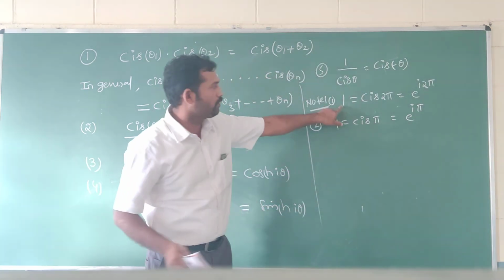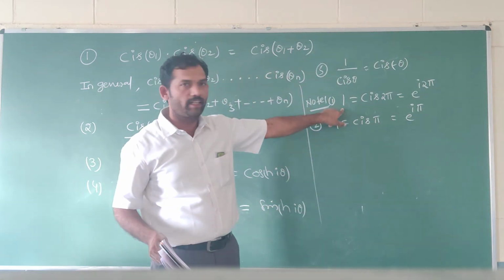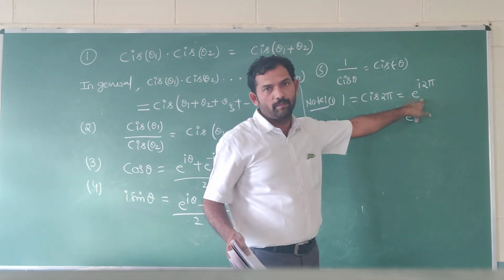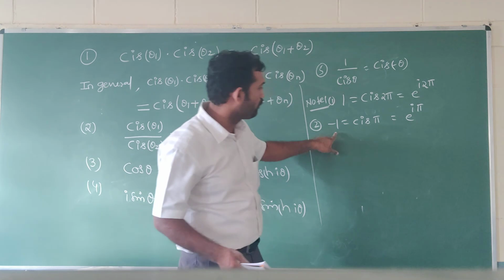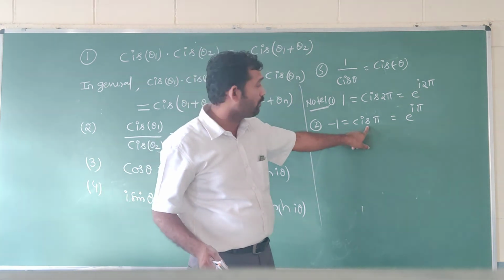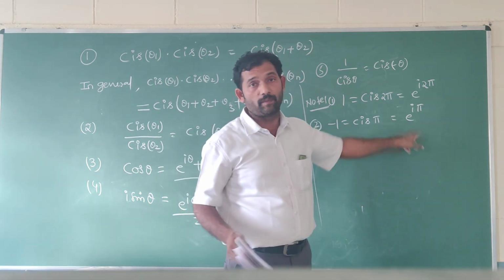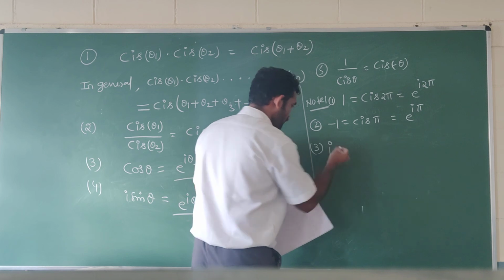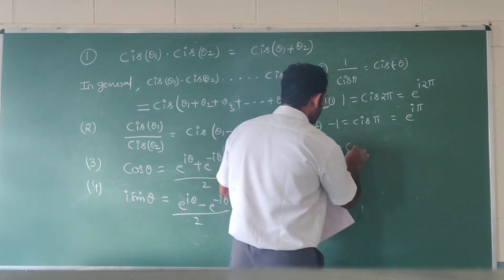So minus 1 is one complex number that is written in polar form and in Euler's form. Next, third point, i = cis pi by 2.